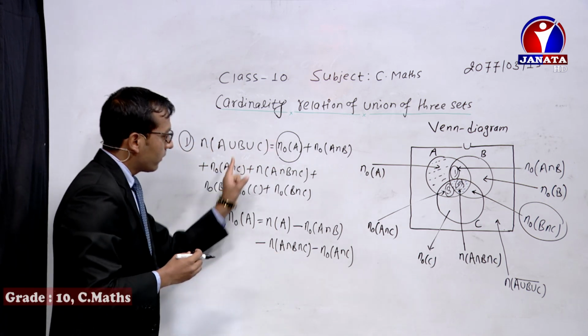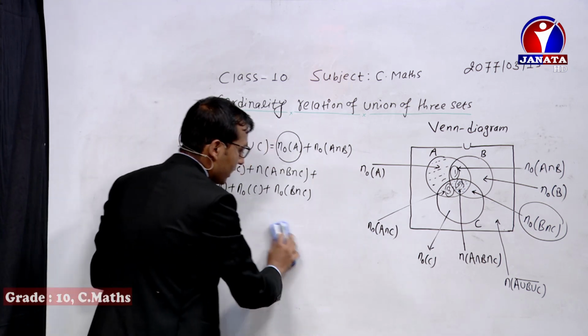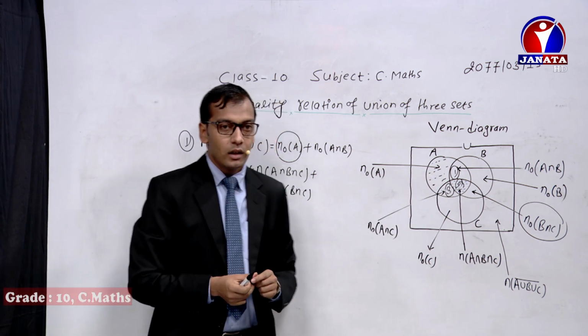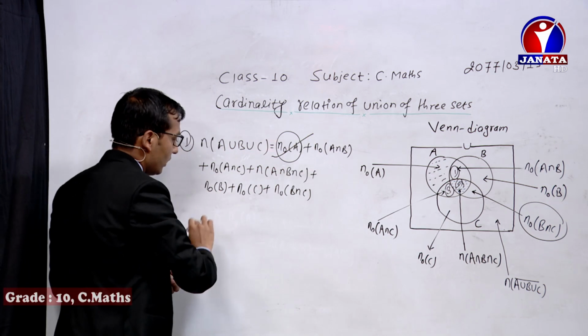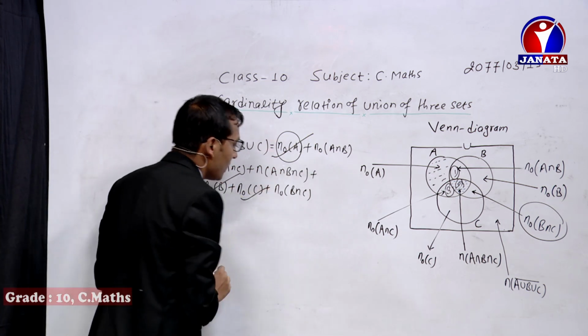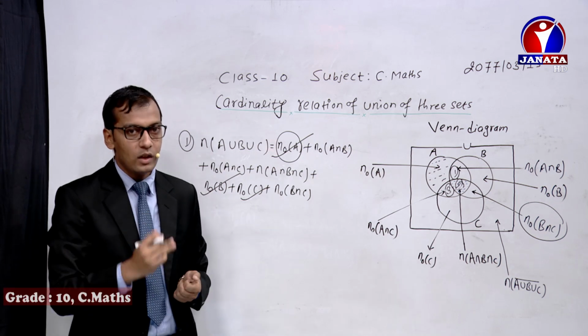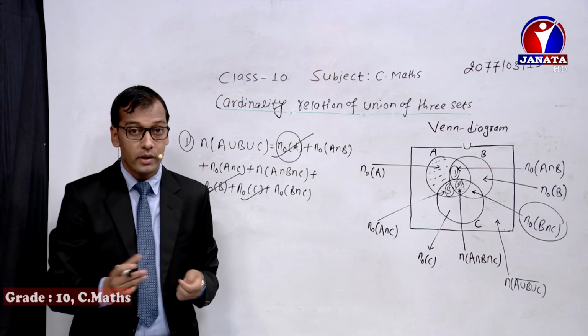Okay, so from this relation, after getting the concept of how to find n only A, using the similar formula for n only A, n only B, and n only C, we can derive a formula that we can use in different examples or different questions.